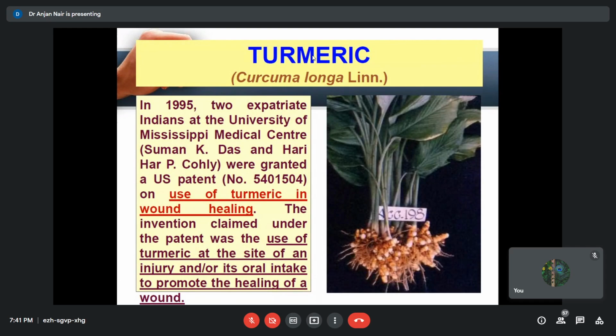Unfortunately, two Indians who had settled in the USA tried to get a patent for this, and unfortunately it was granted in the US. Then we were caught sleeping basically. Later we realized that this had happened, and of course we all raised a lot of hue and cry.